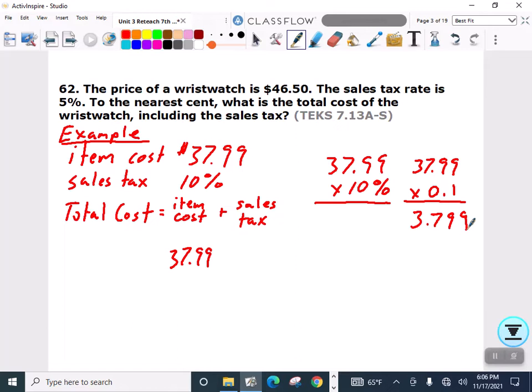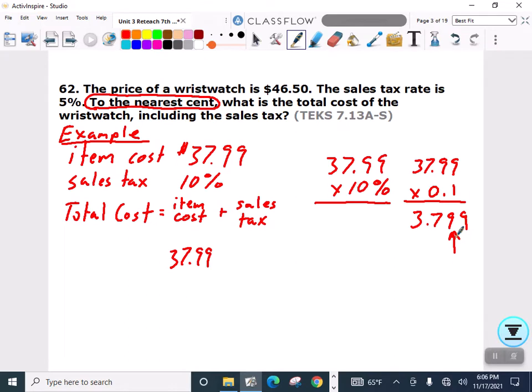Well, we don't have partial pennies, so we are going to round to the nearest cent. Okay, so that's what we have here with 3.799. So the 9, where the arrow is, that is where we are rounding.